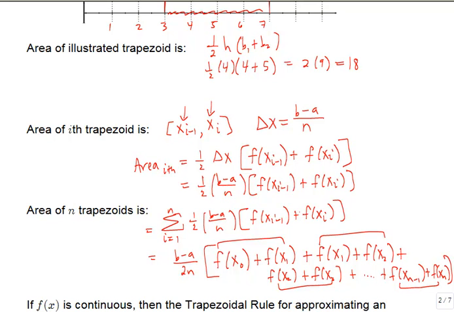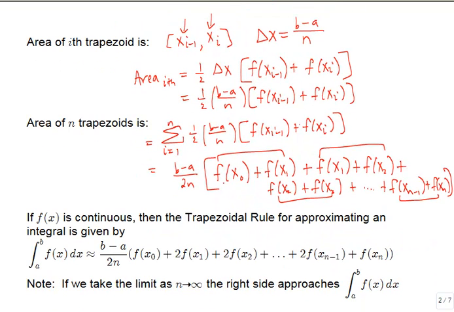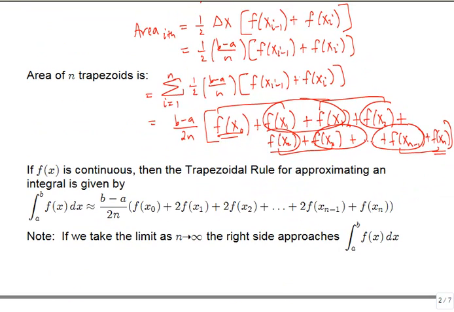And what I want you to notice in terms of the pattern is that the f of x sub 0 at the front and the f of x sub n at the back are the only ones that occur once, but the f of x sub 1s occur twice, the f of x sub 2 occurs twice, the f of x sub 3s occur twice, and so on up until that f of x sub n minus 1, which occurs twice. So here's what the formula turns into. b minus a over 2n, that comes from this piece right here.